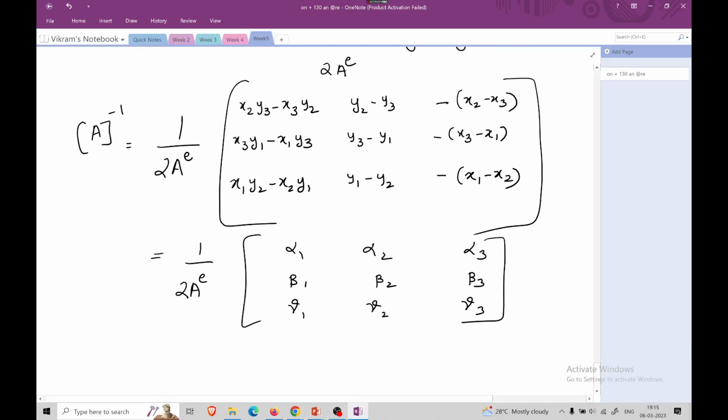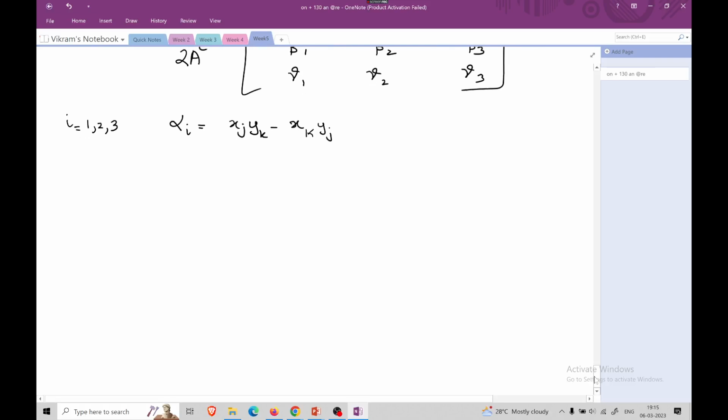If I want to generalize alpha, beta and gamma, I can write it this way: alpha i, where i varies from 1 to 3, so I can take any one value. Alpha is equal to xj yk minus xk yj. How j and k are going to come: I am going to have 1 2 3 like this.